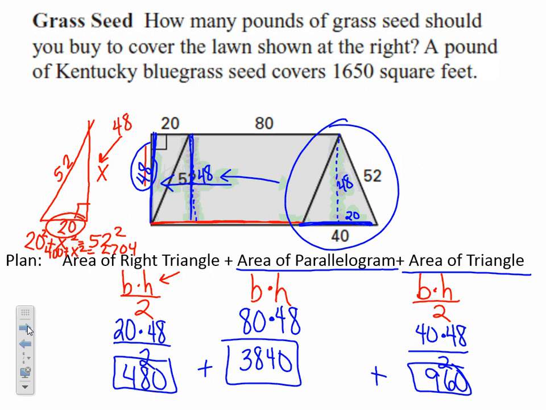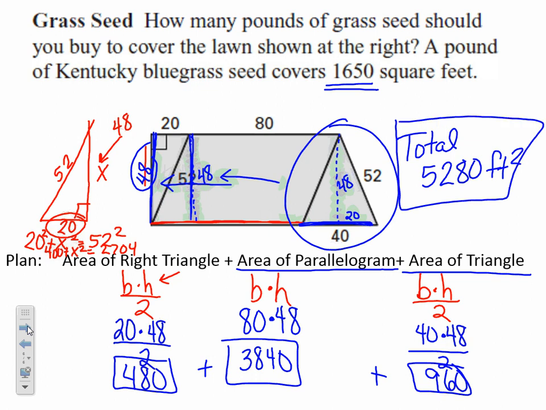So now if we do a total, let's total them all up. 480 plus 3,840 plus 960. Total area is 5,280 square feet. Okay? So now if we know that a pound of seed covers this many square feet, how do we find out how much seed to buy?